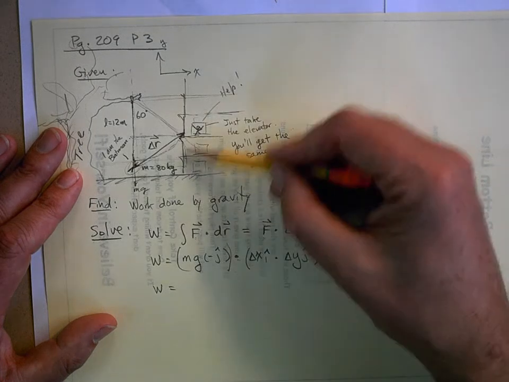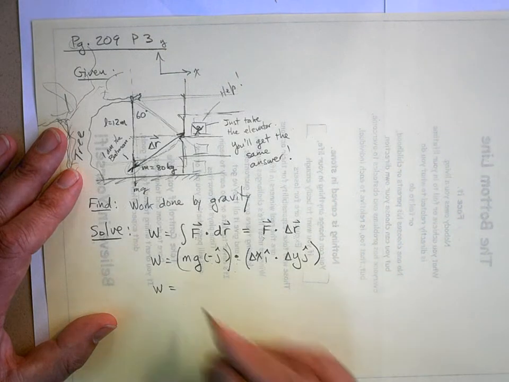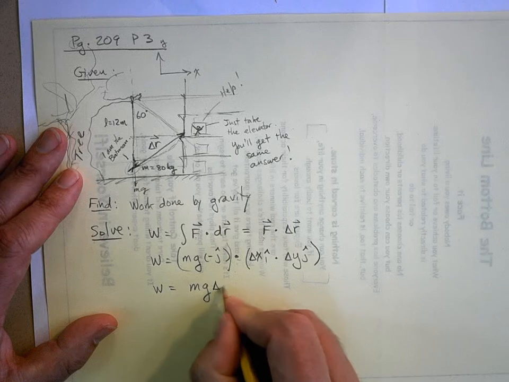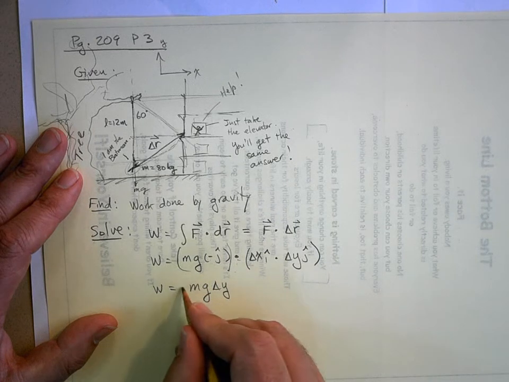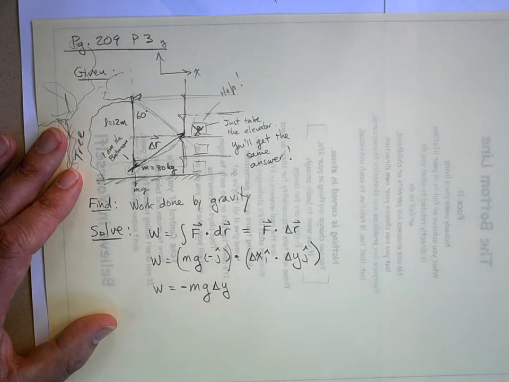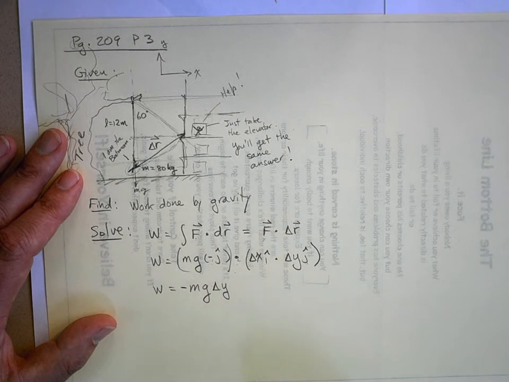But he is going to go up, and so gravity will be doing work there. So that's going to be mg delta y. Now we have a negative here, and what is j dot j? It is 1 with no direction associated with it. This is a scalar. Work is a scalar.